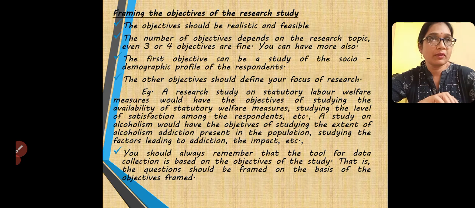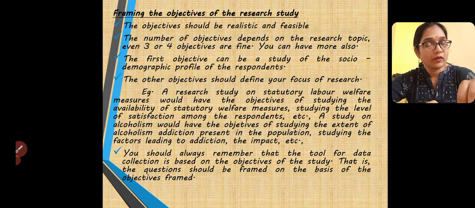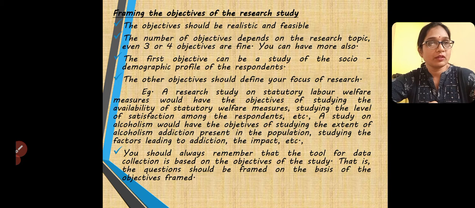You should always remember that based on your objectives, you have to write the questions for your research tool. If the first objective is to study the socio-demographic profile of the respondents, then the first section of your research tool, if it is an interview schedule or a questionnaire, will be the socio-demographic profile, with questions like gender, age, occupation, level of education.